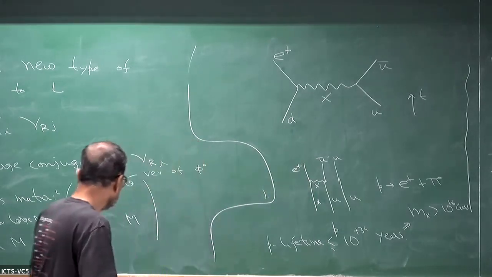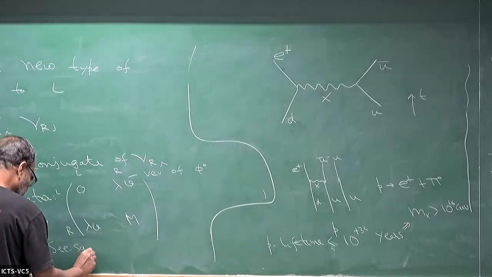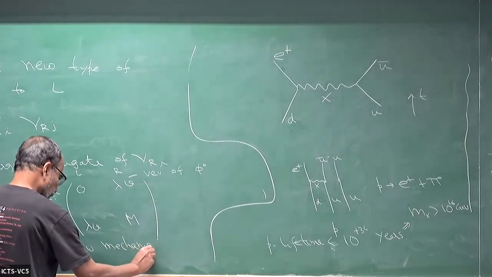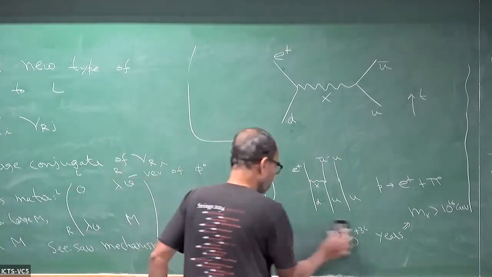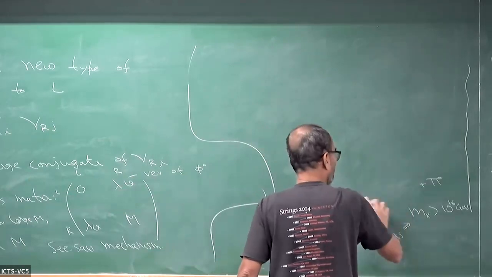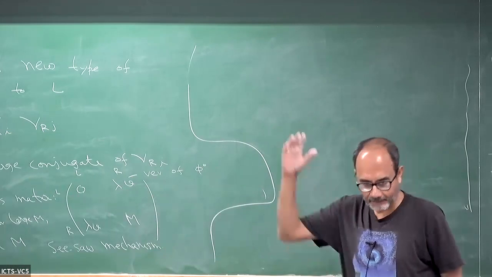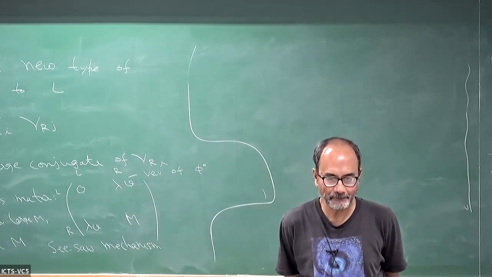This is sometimes called the seesaw mechanism for neutrino mass, because this one term gets less mass and the other term becomes large. So one side goes down, the other side goes up.